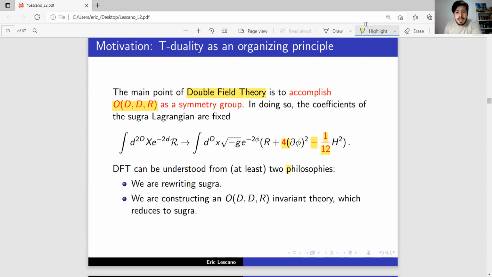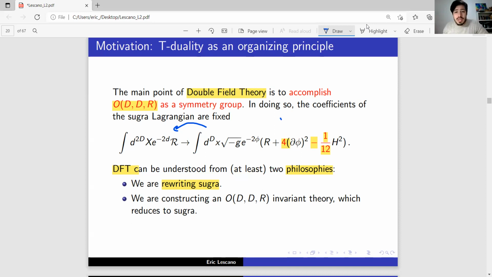This is just philosophy. It's the philosophy of double field theory. This double field theory can be understood from at least two philosophies, I think. On the one hand, we can think of double field theory as a rewriting of Sugra, which is the direction, in this case, is this direction. We are thinking that our fields, we have our supergravity, our fields are in multiplets.